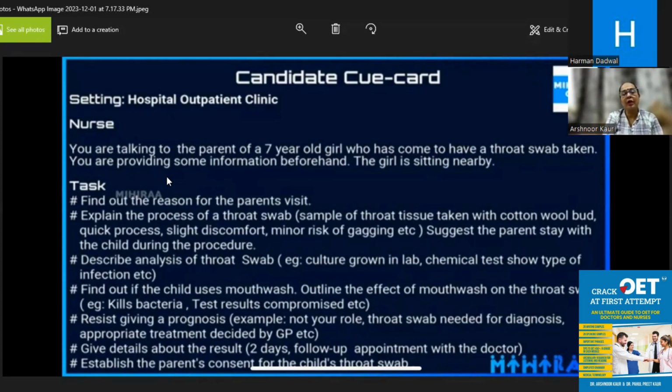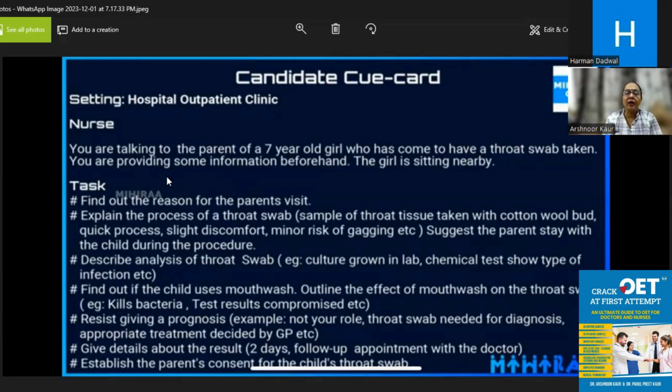So before we start with the procedure, Sophia, I would like to know if your child has done mouthwash. I mean to say that if she has used mouthwash, then in that case we may not get the proper results from the throat swab test, because the mouthwash may kill the bacteria which is required to be analyzed.